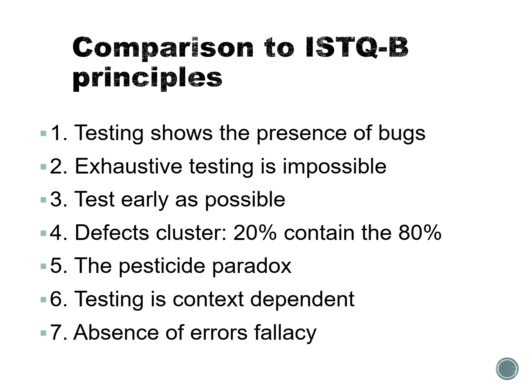Testing is context dependent. If there are no errors, it doesn't mean that there are no problems, and the pesticide paradox, meaning that if you fix all the problems of a certain degree, then you will no longer see those problems. So of course your automated unit tests always succeed because you fixed all the problems, or you are only observing those possible things, but still there are problems in your system.